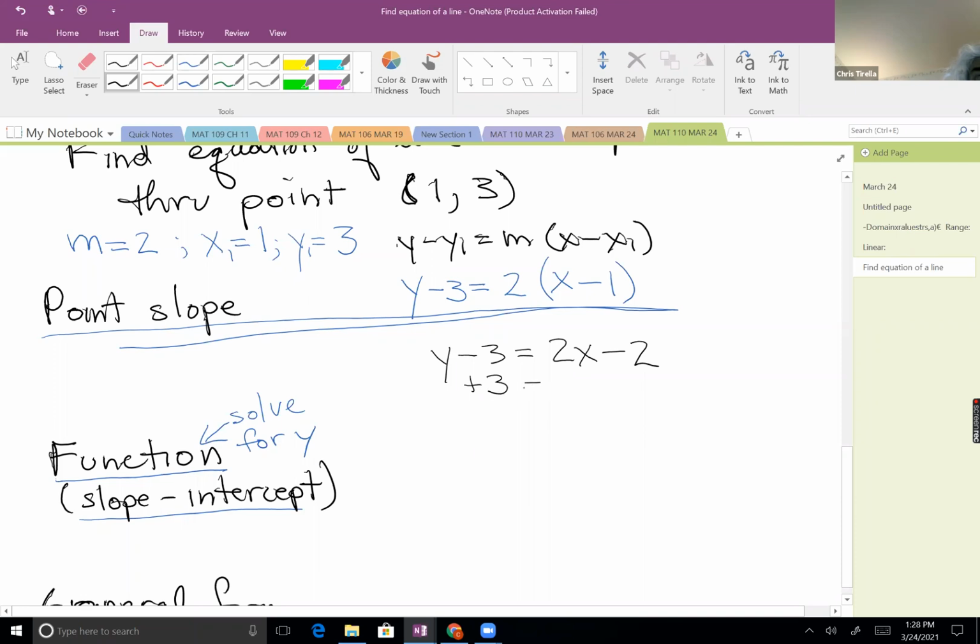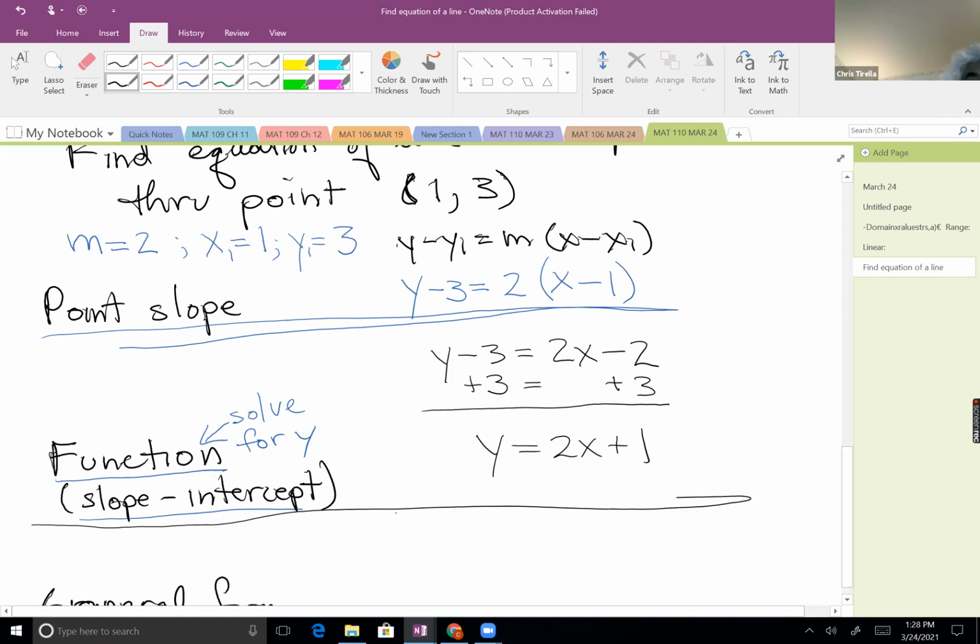Let's get all of those constants together. And so that gives me y equals 2x plus 1. And that's solved for y. That's written as a function because it's solved for y. That's going to be what we refer to as the slope-intercept form.